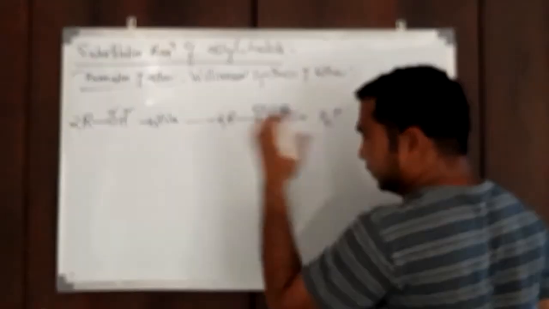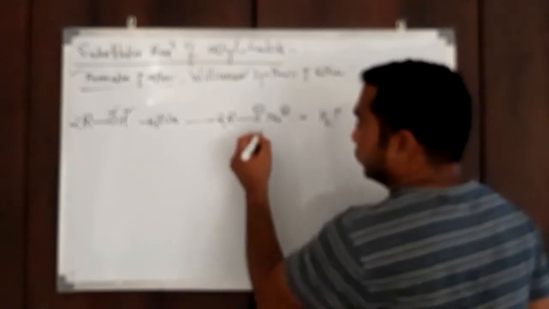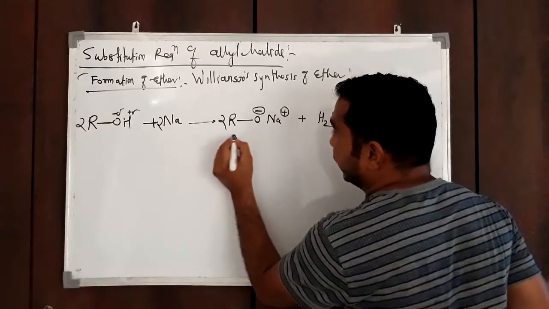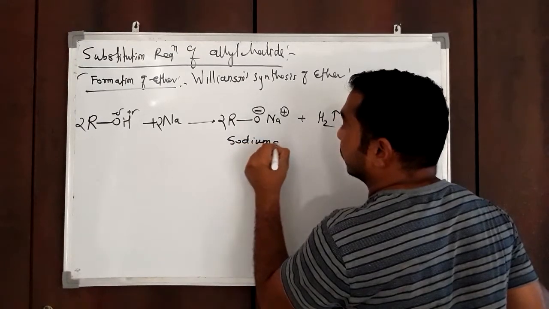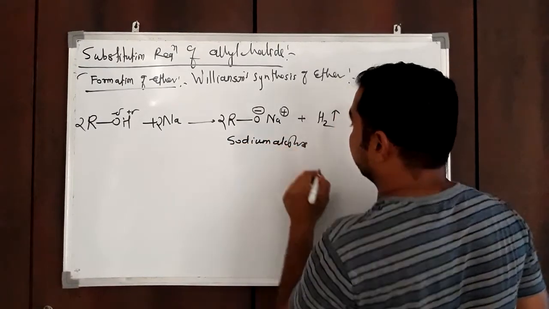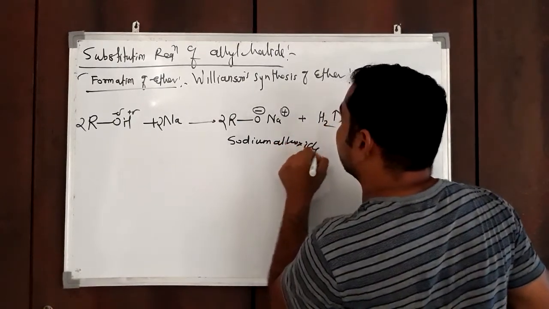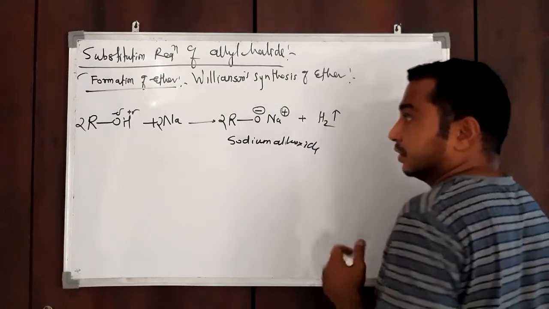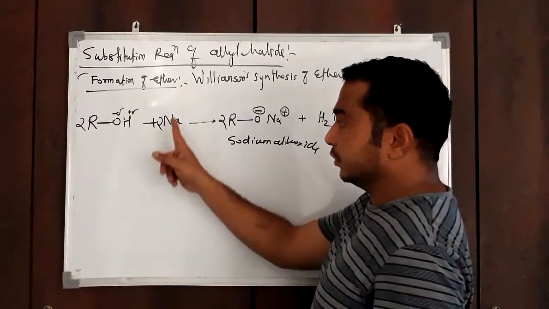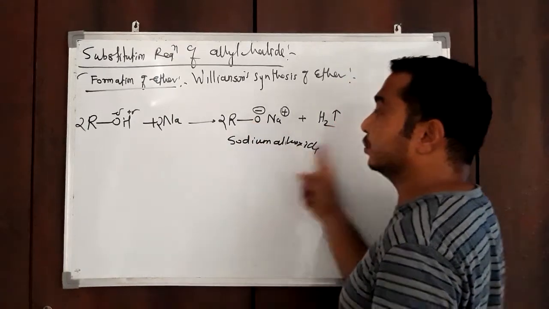This is actually an acid base reaction. This reaction shows alcohol is slightly acidic in nature. So this product is sodium alkoxide. Alcohol reacts with sodium metal, gives sodium alkoxide with liberation of hydrogen gas.